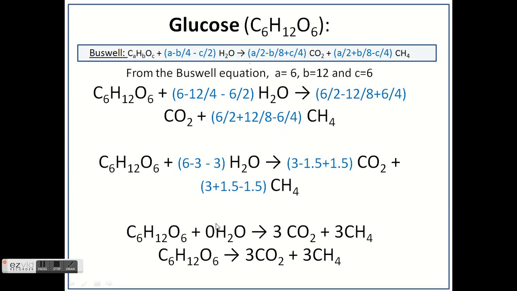We'll find out that water has 0 coefficient or 0 moles. That implies there's no water, which means water is not necessary for this reaction to proceed. And then we'll find out the number of moles of CO2 is 3 and the number of moles of methane is 3. So 1 mole of glucose will give us 3 moles of carbon dioxide and 3 moles of methane.